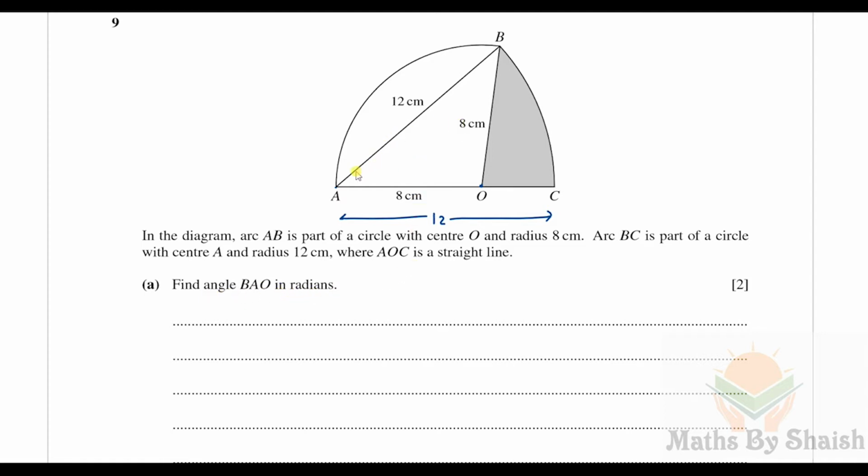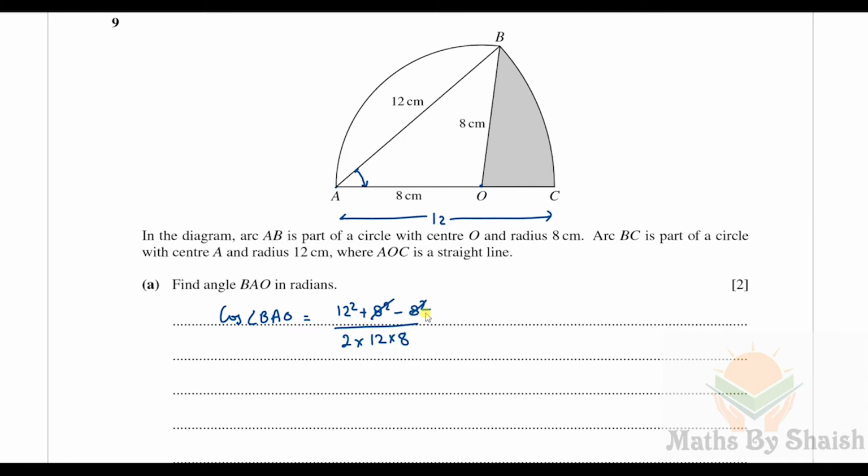So we require to find this angle, and we can see in the triangle BAO we have all the three sides. We only require one angle, so we will use the cosine rule here. So we know that cosine of the angle BAO would be the sum of the squares of the two consecutive sides, so 12 squared plus 8 squared, subtract the square of the opposite side, that is 8 squared, upon 2 times the two consecutive sides' lengths, that is 12 into 8.